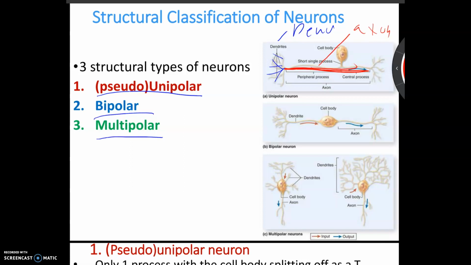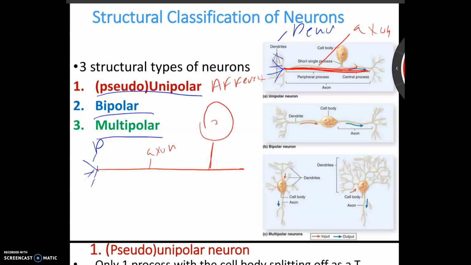So if I do it here, those are the dendrites. They are attached directly to the axon. And these are always afferent. And the cell body doesn't do much, really. So there's the cell body. It's pushed off onto the side.